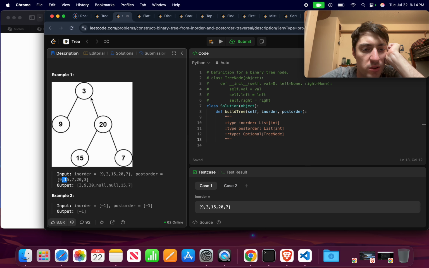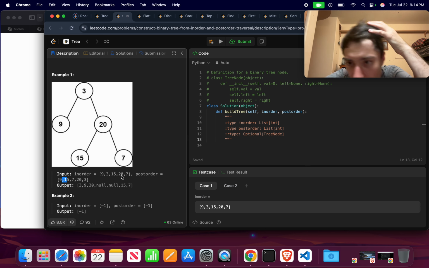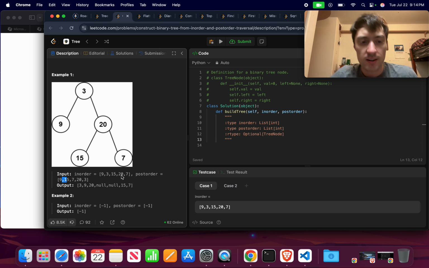And there's 2 nodes in between this 9 and 15. So 3 and 20. Where are 3 and 20? 3 and 20 are there. I can't see any pattern at all.